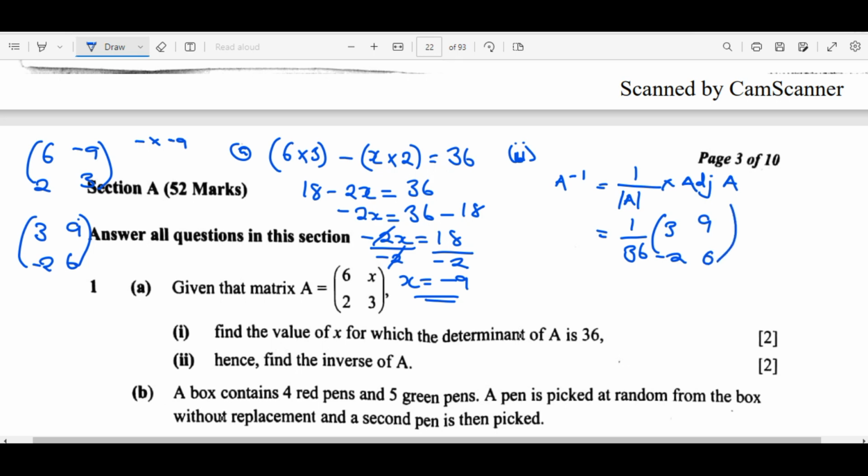When we reach here, we can multiply 1 over 36 with everything that is in the brackets.